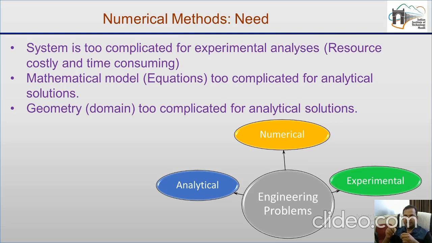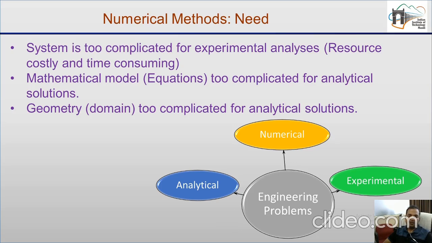This behavior we need to get, so for that we need to do the experiment. For the experiment, we need to get some machine by which we can apply a similar kind of effect over the nib. We need to have one pen, that is the specimen, and some device to record the data. So basically we need multiple resources for experimental analysis.